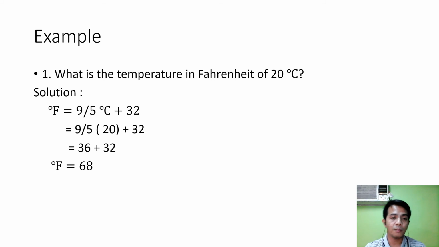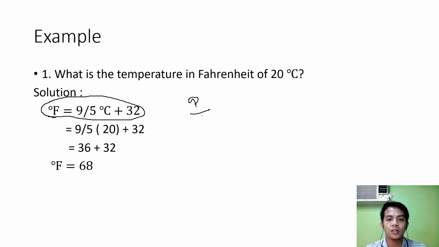Okay, so for example, what is the temperature in Fahrenheit of 20 degrees Celsius? So we need to use this formula to get the Fahrenheit. So I will rewrite this for you to understand better. So 9 over 5, this is a fraction, times degrees Celsius plus 32.